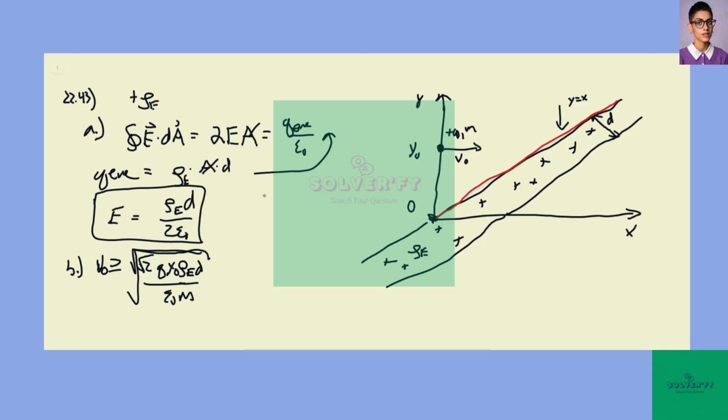Okay, so what we're going to do is rotate our axes. So now this is our new y-axis, which I'll call y prime, and this is the new x-axis, x prime. So these get rotated an angle of 45 degrees.